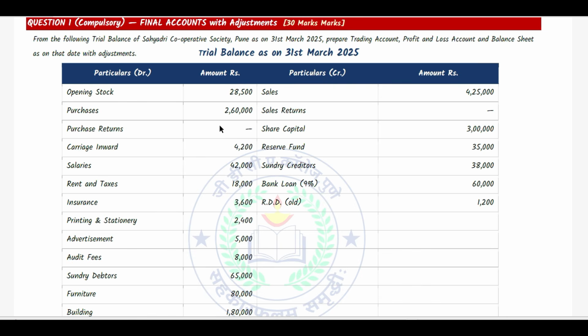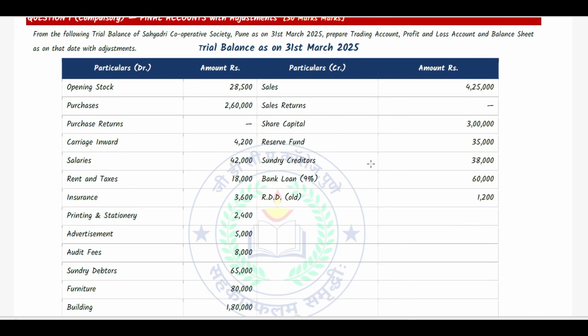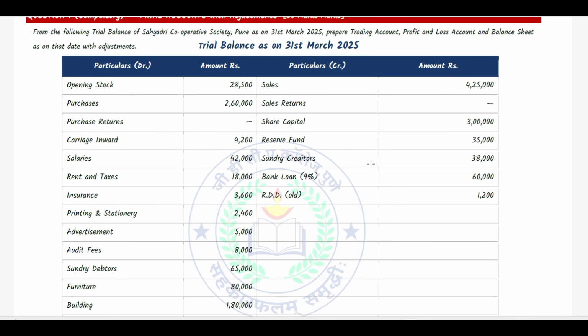These are the opening stock, then purchases, and these are particulars which are given in the trial balance, and according to that we have to solve the profit and loss account and balance sheet. As you know, guys, accounts is not my subject.